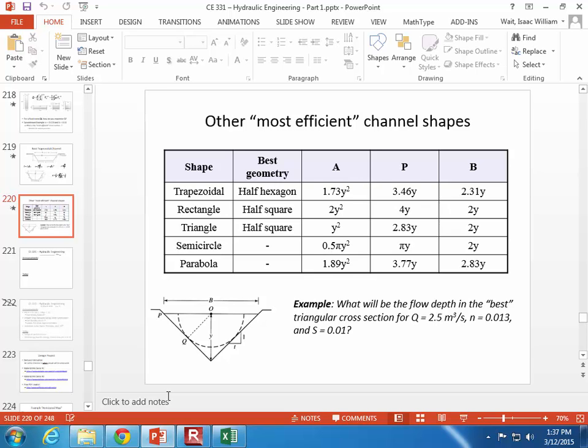The freeboard is just sort of a safety factor in case it's windy and there might be some waves, or if the flow is a little bit higher than expected, or if flow is going around a turn, actually the water level will rise on the outside edge of the curve, and that's a phenomenon known as super elevation, when water is going around a bend. And so there are some guidelines that say how much freeboard you should put into an open channel, and we'll talk about those guidelines towards the end of the semester when we get into design constraints.